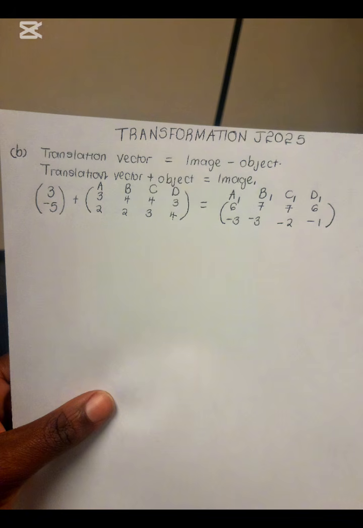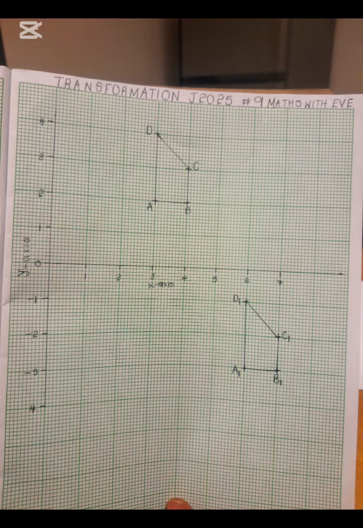We plot that point. Then we move on to the final one, D1. For D1, we add the translation vector to D: 3 plus 3 is 6, and -5 plus 4 gives us -1. So it is going to have 6 in the x-axis and -1 in the y-axis.